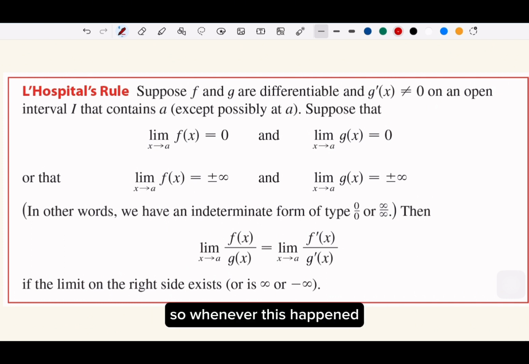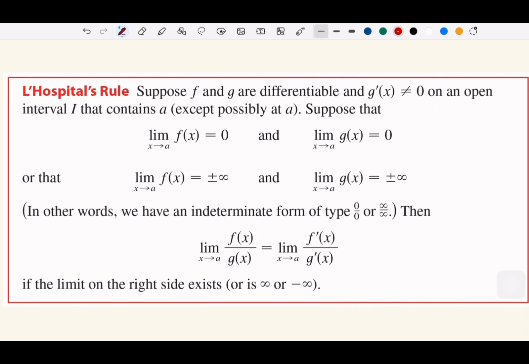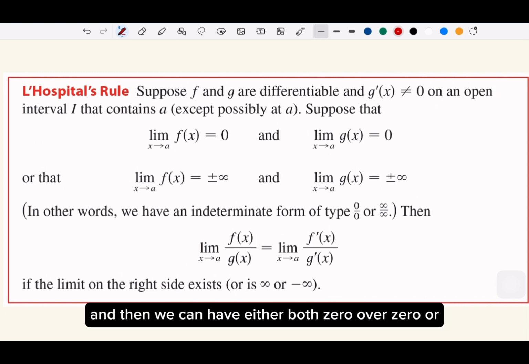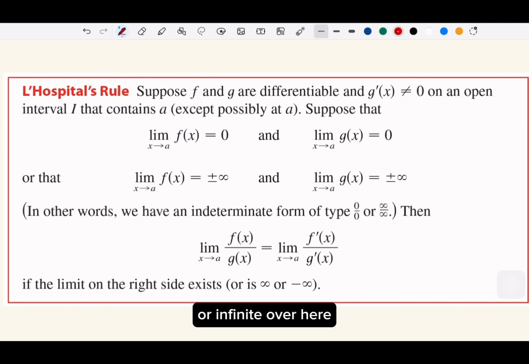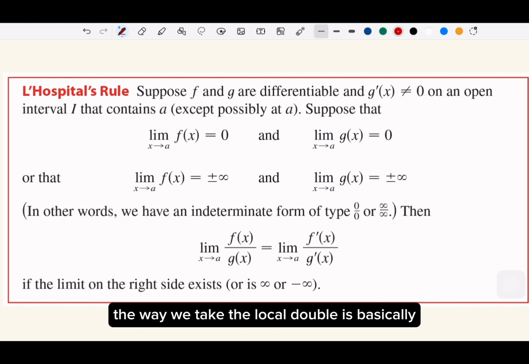So whenever this happens, and then we have f over g, we can have either 0 over 0 or infinite over infinite. We call this indeterminate form.